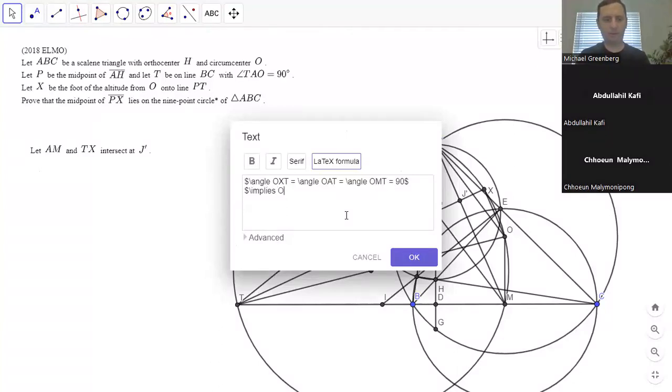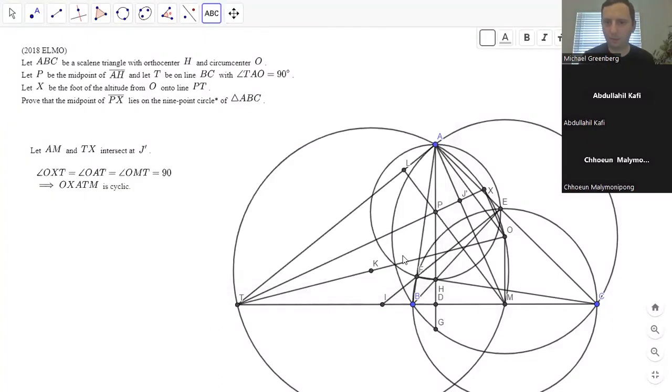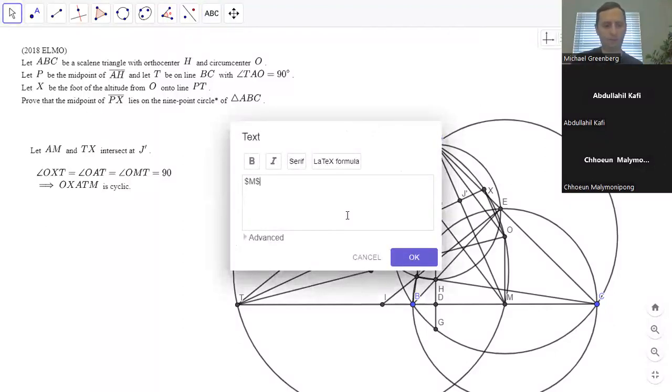So OXATM is cyclic. And then MP, so M is the center of BFEC and P is the center of EFEH. And that means that MP is perpendicular to EF.